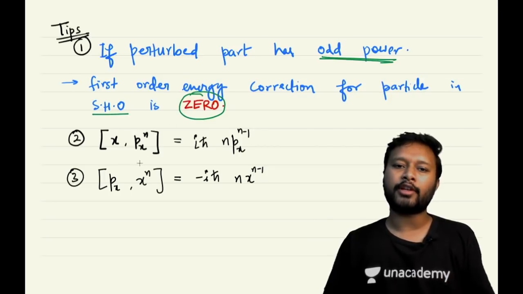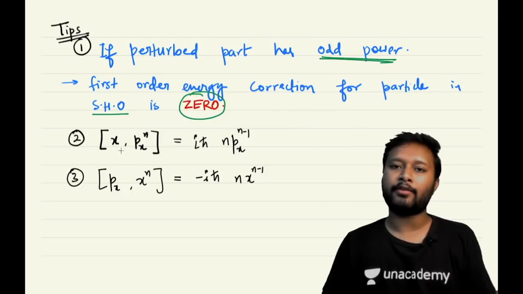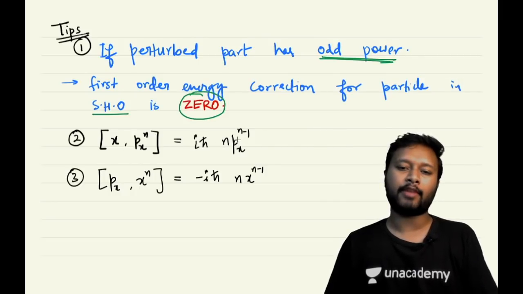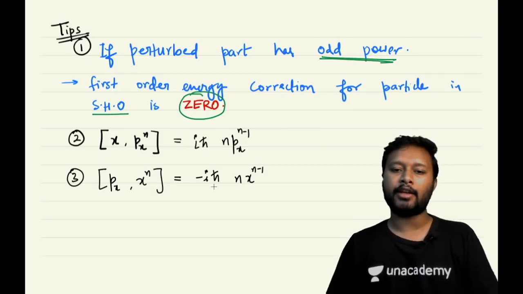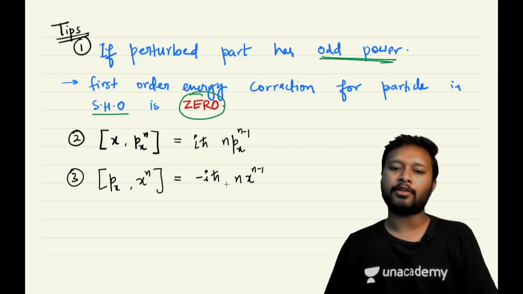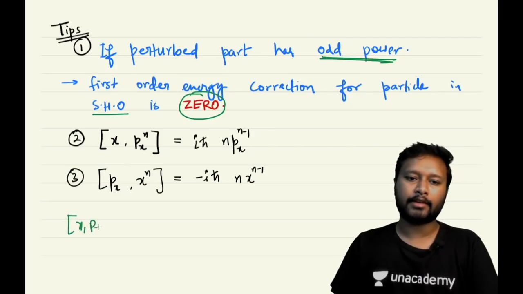Now there are some shortcut tricks for solving commutators like [x, px^n]. If you have to solve that, its answer will be i h cross n px^(n-1). Whereas if you have the commutator of px and x^n, it will be minus i h cross n x^(n-1). So for example, if you are given [x, px] to solve, try to tell me the answer.